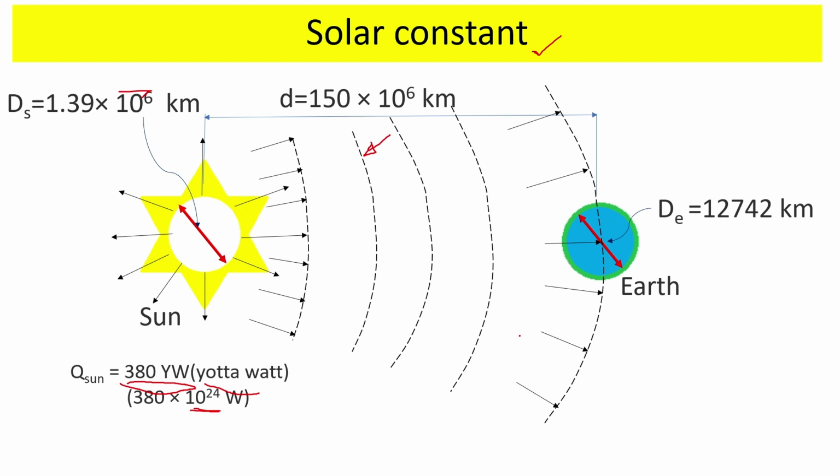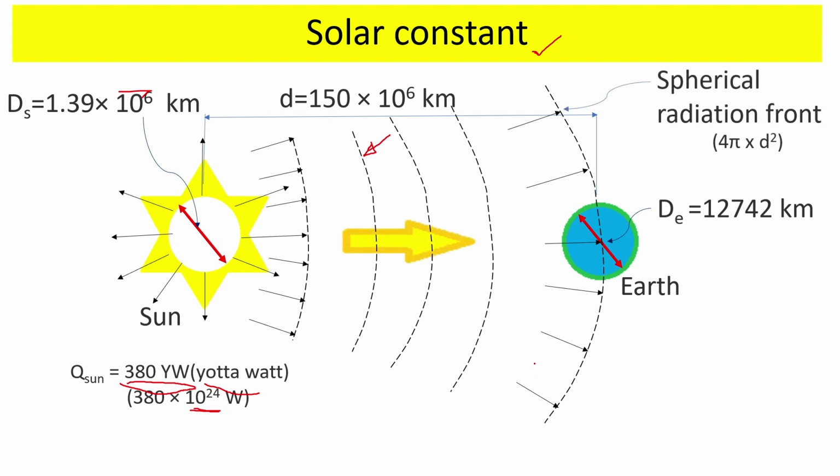So if we have to find what this solar radiation or solar energy reaching Earth is per unit area, that is, we want to find solar flux, and this we will call solar constant, GSC. GSC stands for solar constant. So we will determine it. So its value should come out.